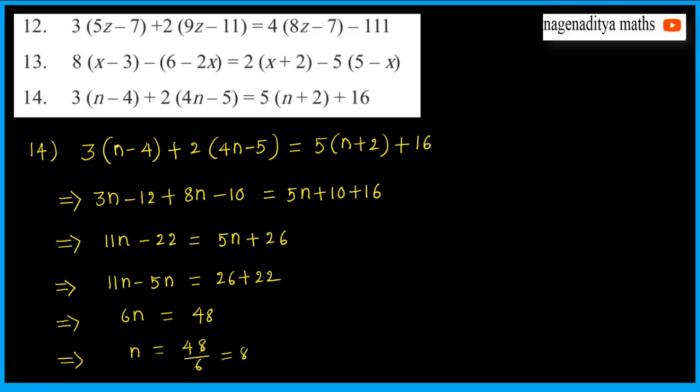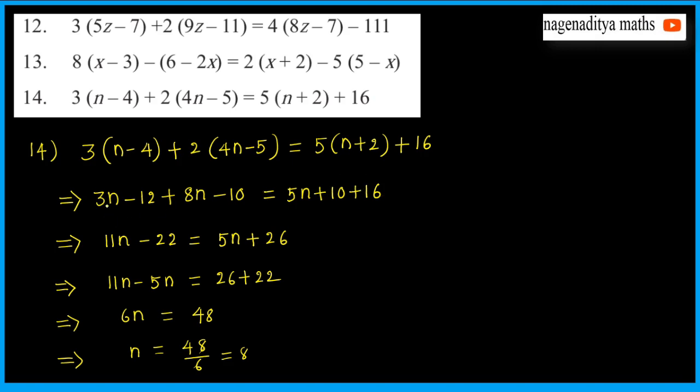So 3 times n minus 4 plus 2 times 4n minus 5 is equal to 5 times n plus 2 plus 16. So 3 into n, 3n, plus into minus minus, 3 4s are 12, 2 into 4n, that is 8n, plus into minus minus, 5 2s are 10, is equal to 5 into n, 5n, 5 2s are 10 plus 16.